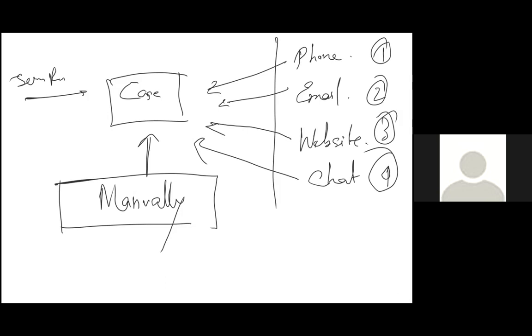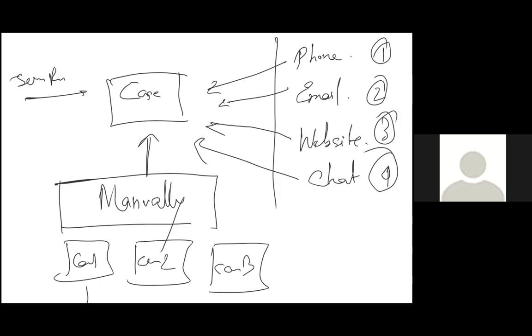Because you have heard, "Sir, I will place your call on hold." By the time that person goes to help somebody else, another person is on hold, and probably he's unmuting that person. So the support representative is working on case 1, case 2, case 3. Maybe 2 on phone calls, 1 on email.